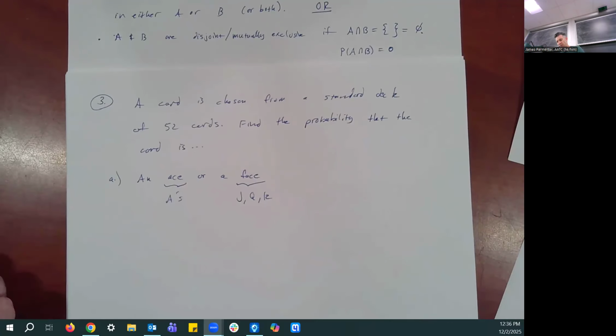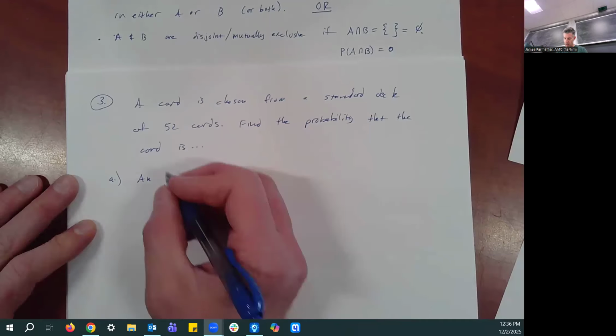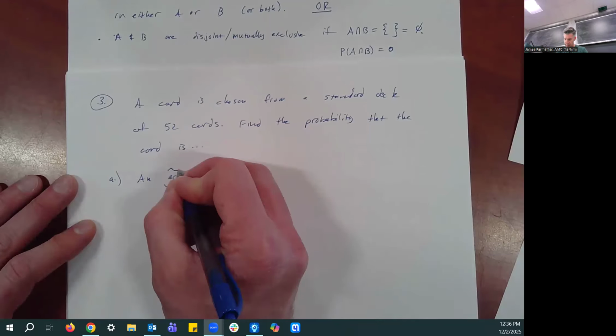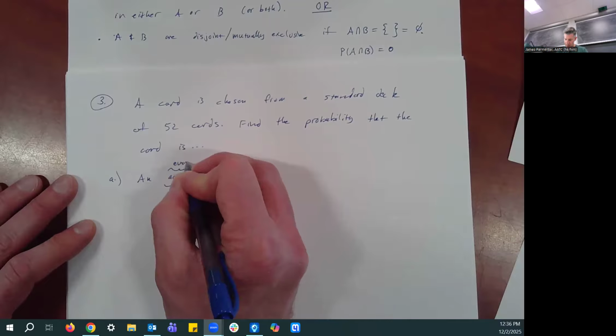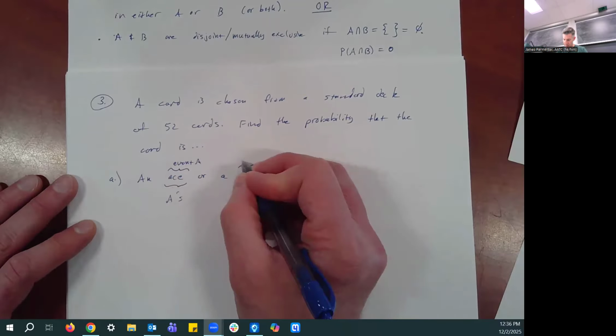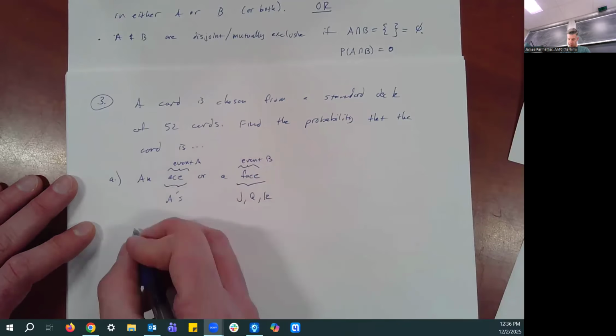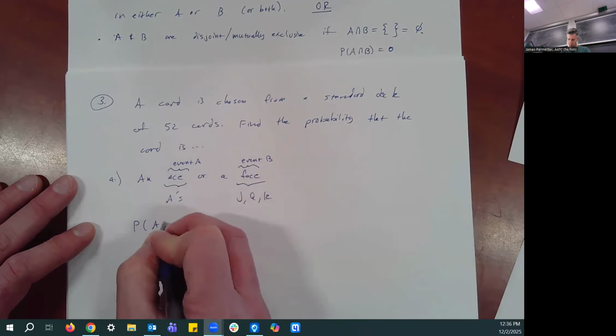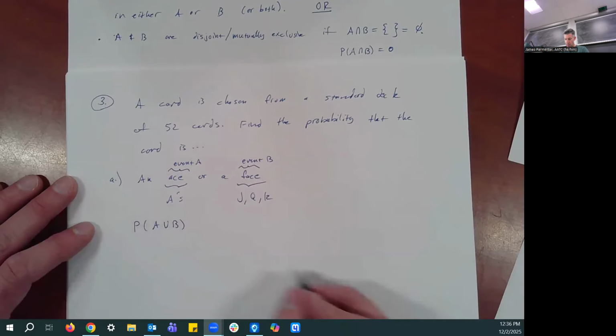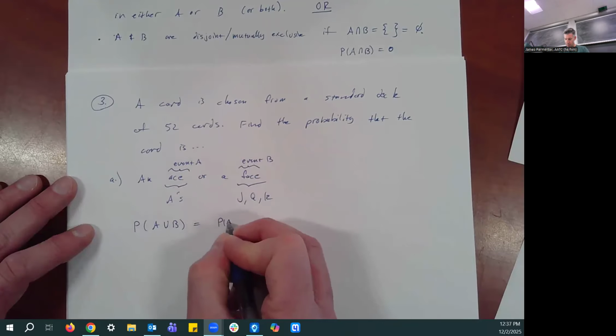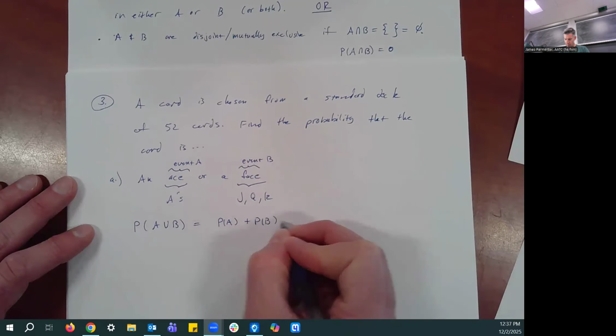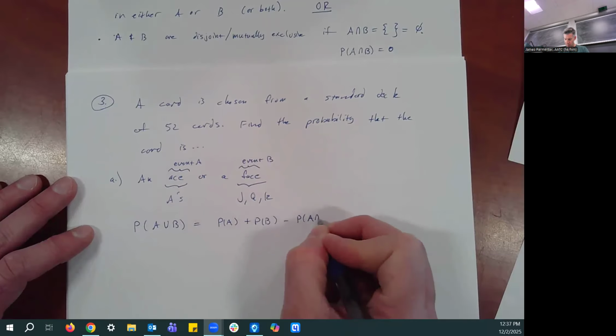Right, there's 16. To me, this question is kind of written as a union. I feel like it's kind of overkill, but I'm going to do it that way still. If I'm thinking of the ace as event A and the face as event B, and I have an or here, that means I find the probability of A or B, or A union B. It's going to be the probability of A plus the probability of B minus the probability of the intersection.